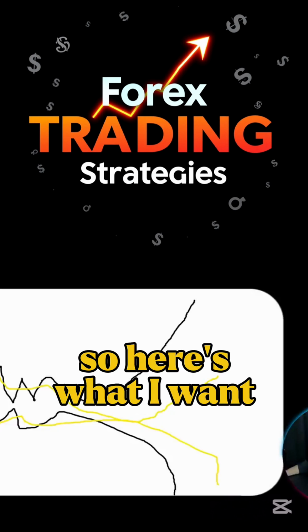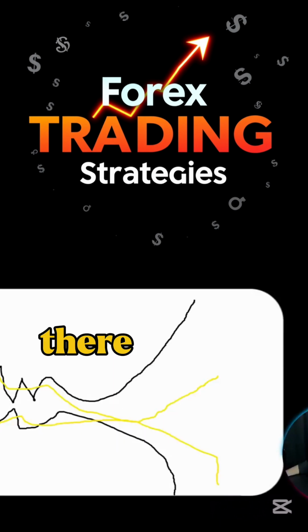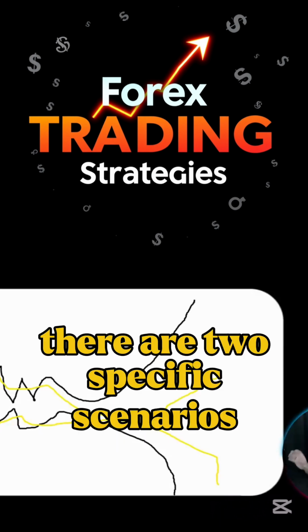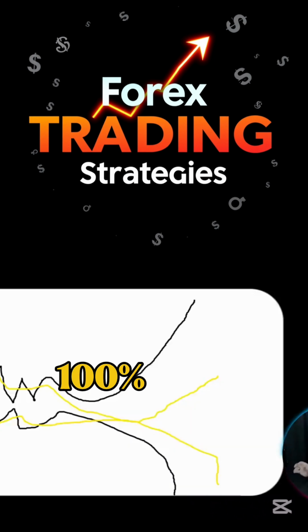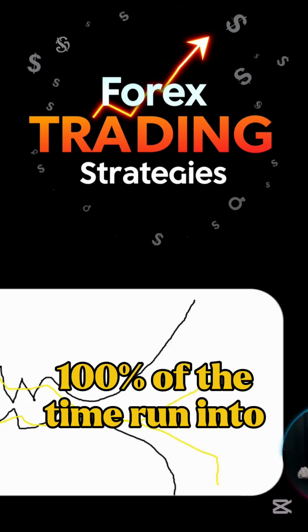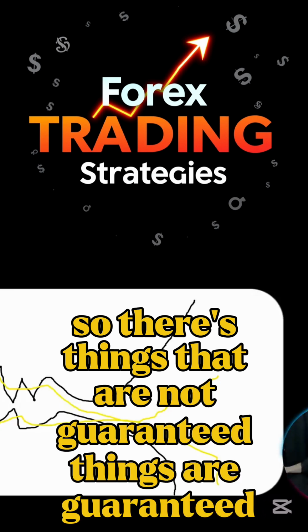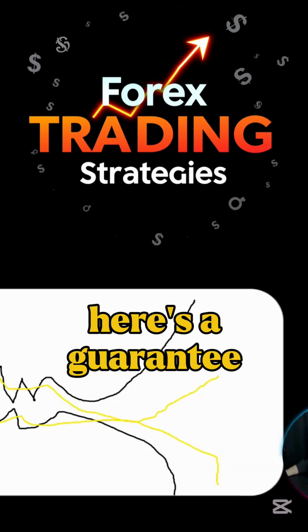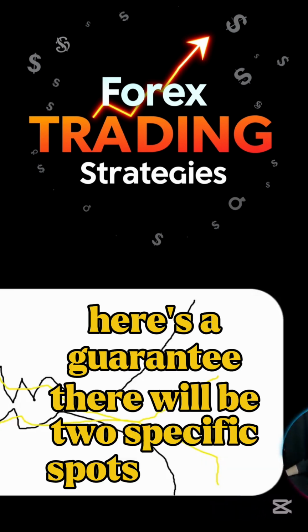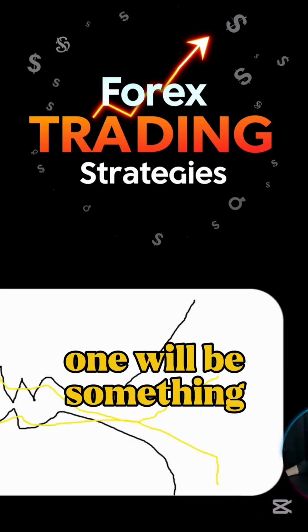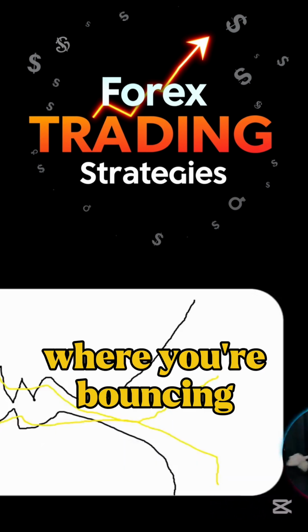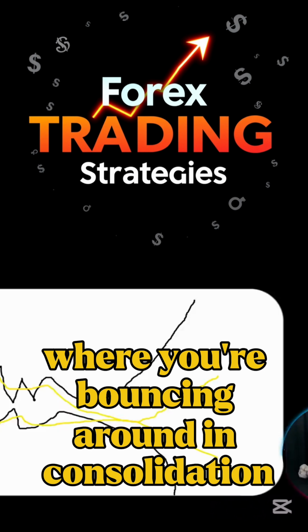So here's what I want you to think first. There are two specific scenarios that you will always, 100% of the time, run into with a market. So there are things that are not guaranteed, things that are guaranteed. Here's a guarantee: there will be two specific spots for the VWAP. One will be something like this right here, where you're bouncing around in consolidation.